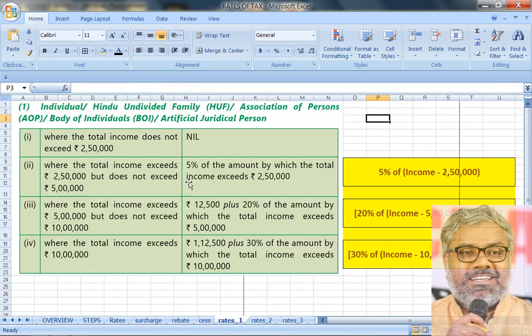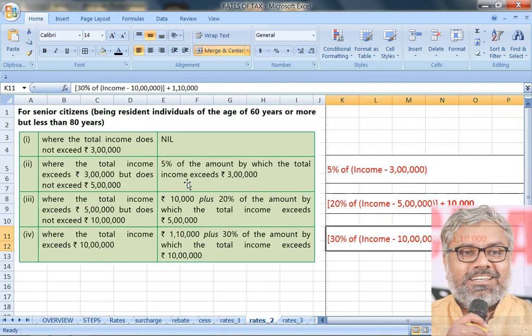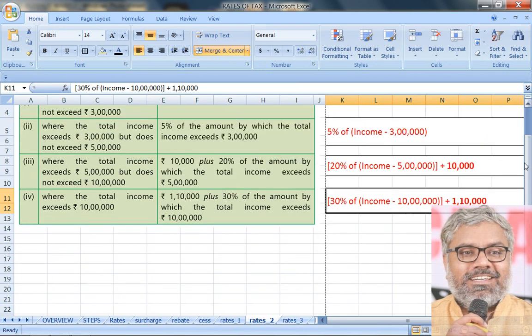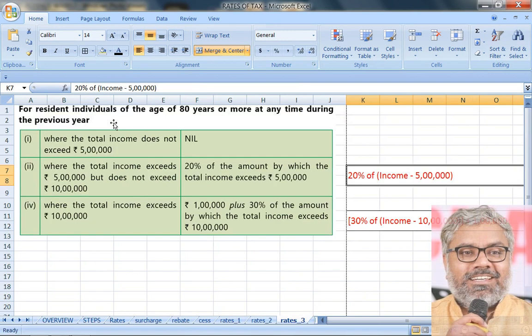The difference is, for a normal SSE, the basic exemption limit is 2,50,000, whereas for a resident senior citizen, the basic exemption limit is 3 lakhs. Calculations will change accordingly. When it is a resident super senior citizen, the basic exemption limit itself is 5 lakhs.